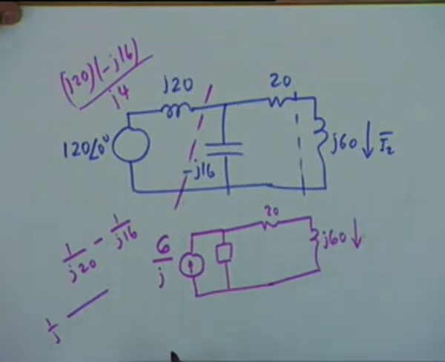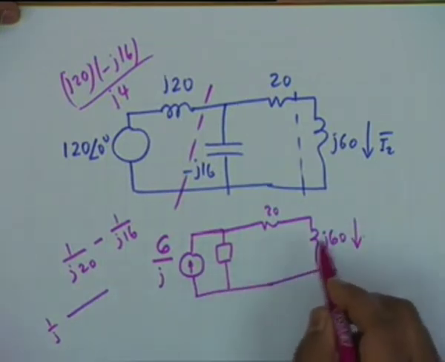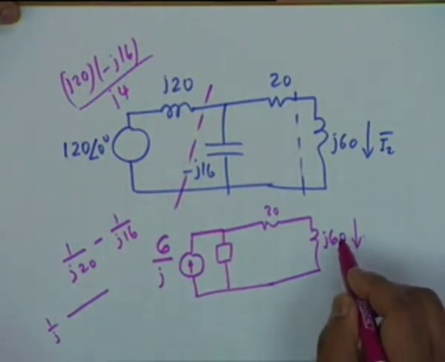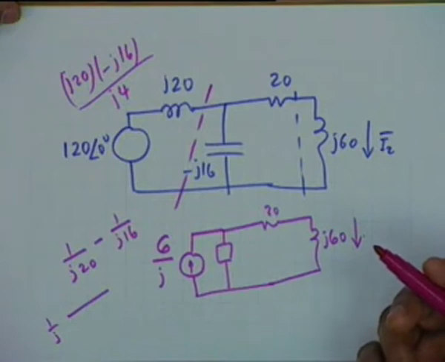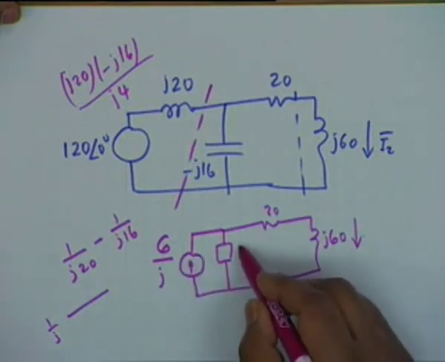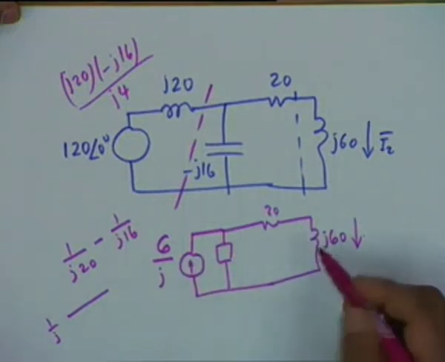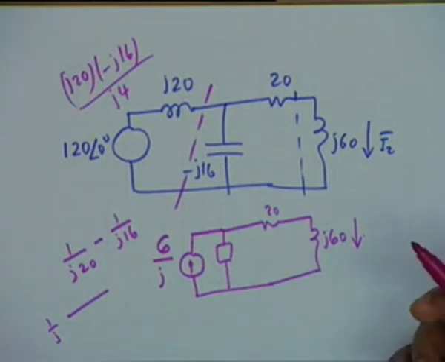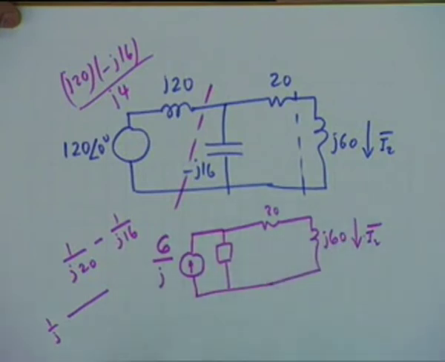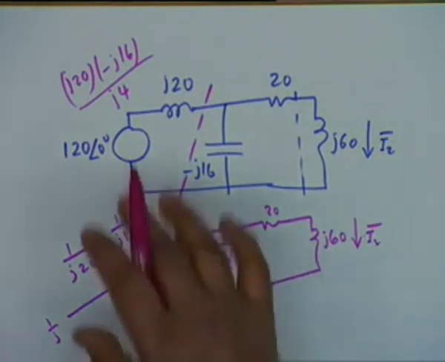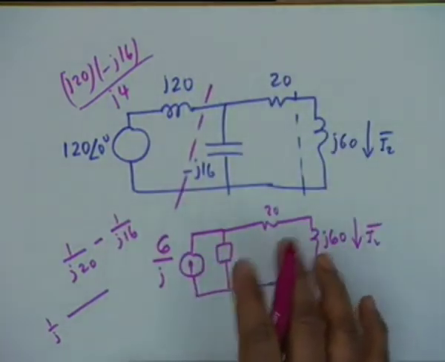You could now apply the formula for division of current directly, isn't that right? There is a current source which divides into two parts, this one, and therefore you could write the current I2 phasor directly from this circuit. By inspection, nothing is to be solved. All that we are doing now is almost by inspection.